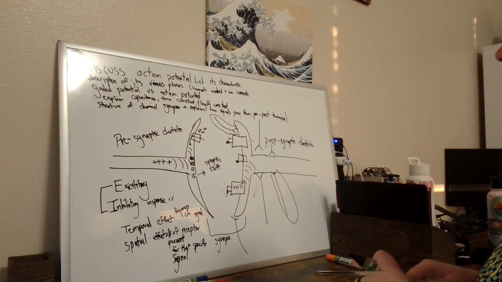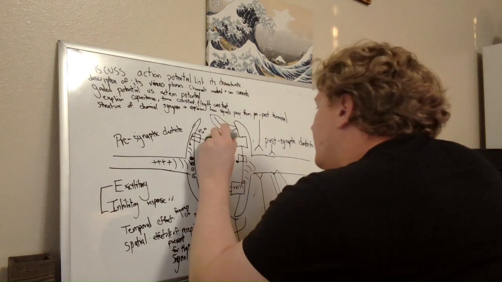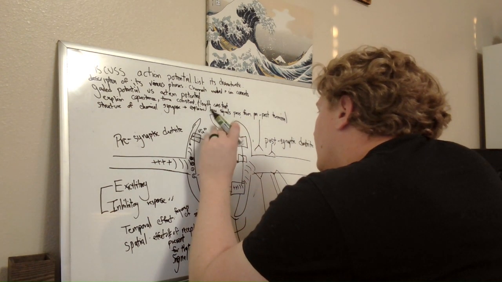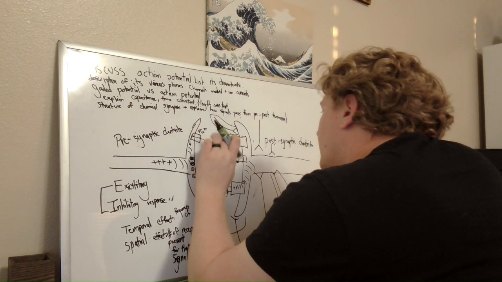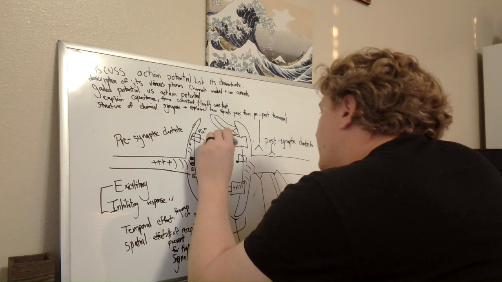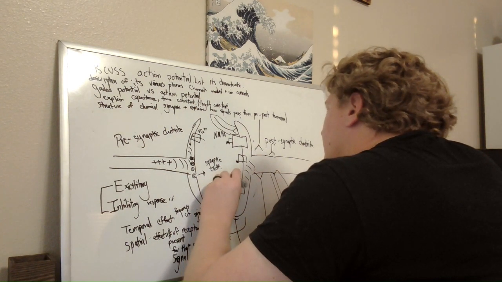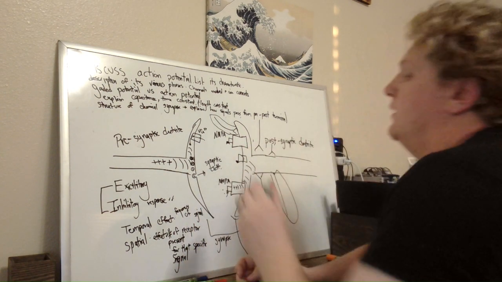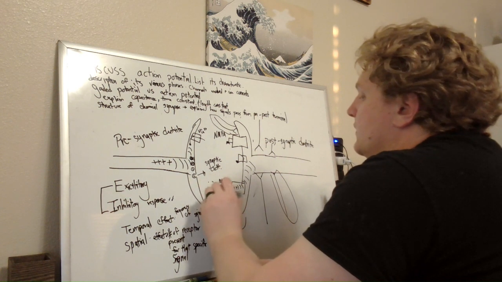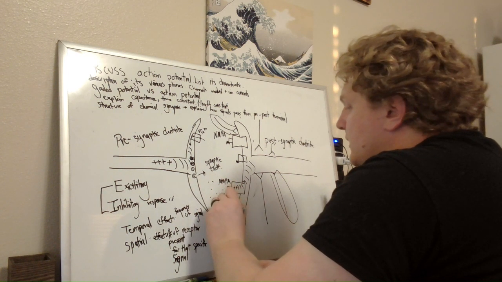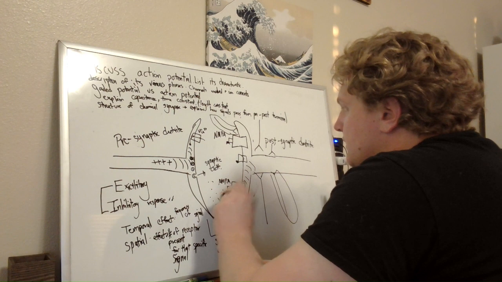The example we talked about in class was the NMDA and AMPA receptor. In this example, the neurotransmitter is glutamate. So glutamate would go and attach to here.